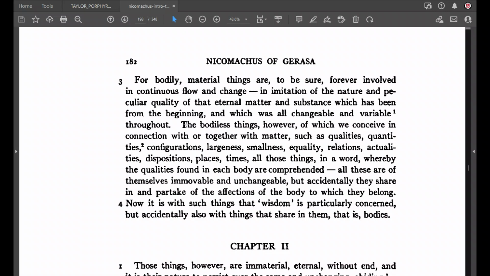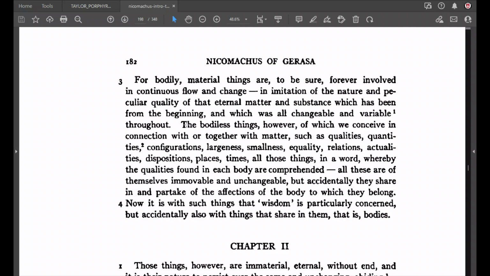The idea of a desk is eternal. But that desk, that physical, material desk, it's constantly changing. It's breaking down and going back to the elements from which it was taken.